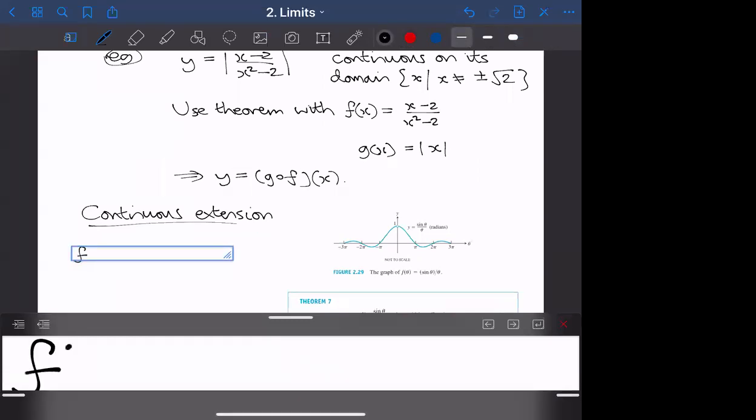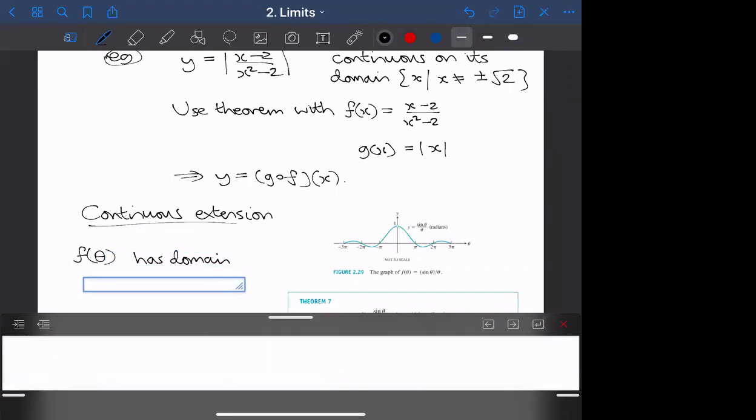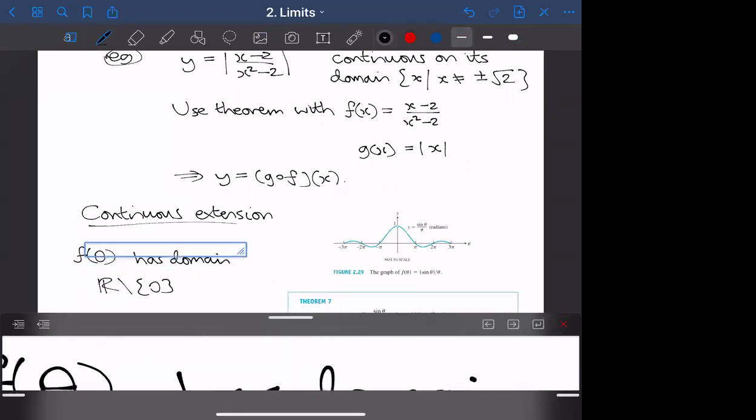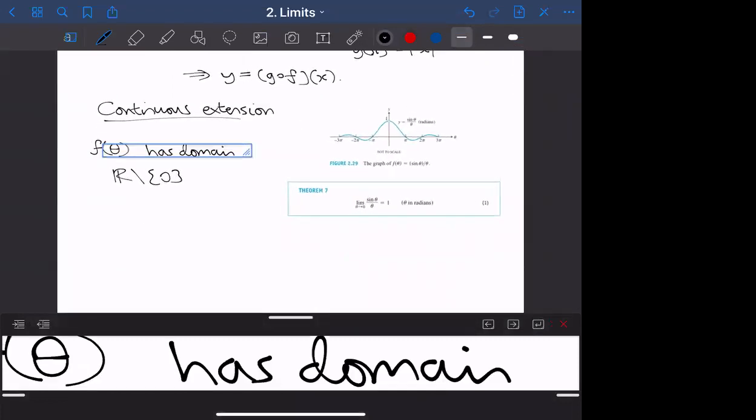So f(theta) has domain R with 0 removed, because we can't divide by theta equals 0.